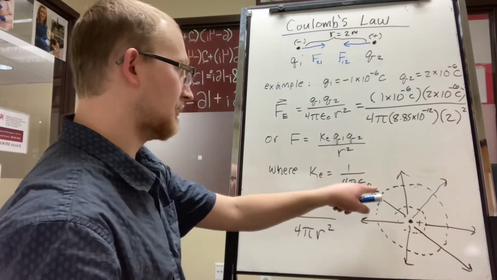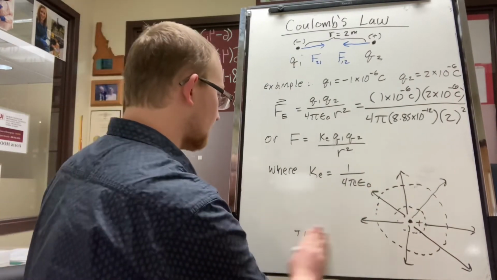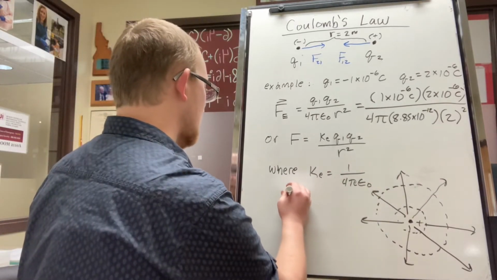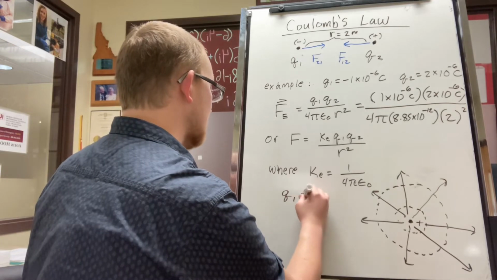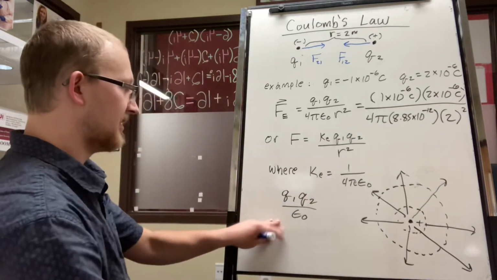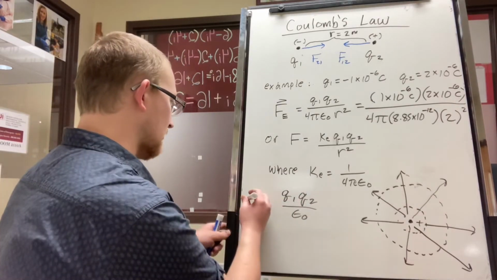In this case, we're going to say that the number of lines is equal to Q1 times Q2 divided by epsilon sub naught, the permittivity of free space.